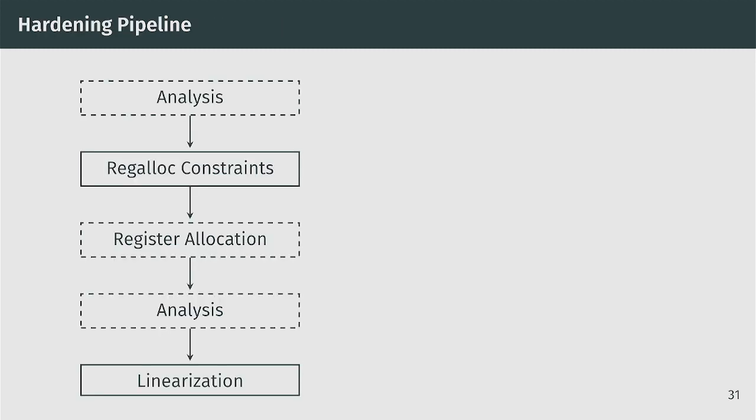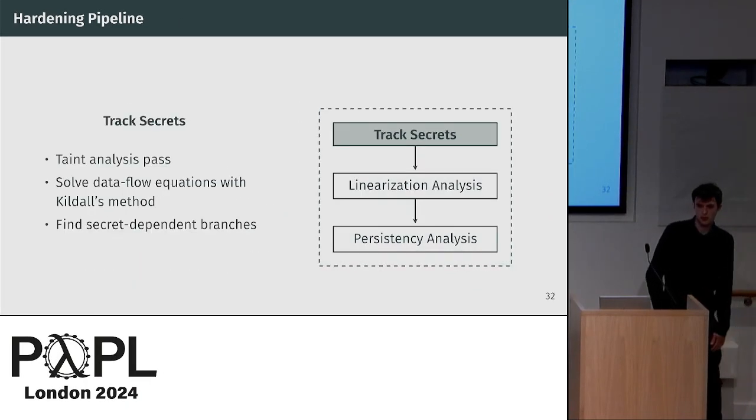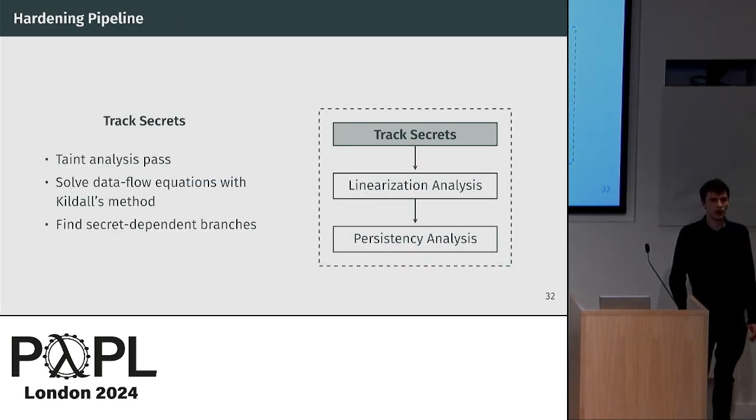Now I'll give an overview of the hardening passes that we've implemented. So first there's a set of analysis passes that run. The first analysis pass is a taint analysis pass that finds the secret dependent branches based on those annotations.